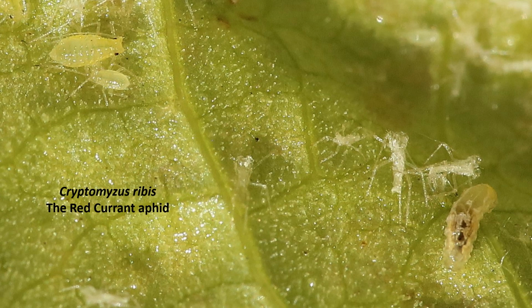So on the underside, there it is. There's the cause of the problem. It's the red currant aphid. Those top left are both obvious aphids that are alive, and then bottom right you can see some skeletonized remains of aphids, and then there's something else that doesn't look like an aphid, and that is a hoverfly larva.